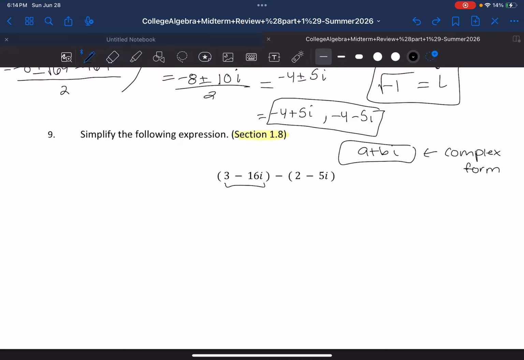Because that negative is in front of this parentheses here, we need to distribute that negative to both of these terms behind it. So I'm going to rewrite this as 3 minus 16i, just bringing that down. This would be minus 2, and then negative and a negative makes a positive 5i. So that's just distributing the negative.